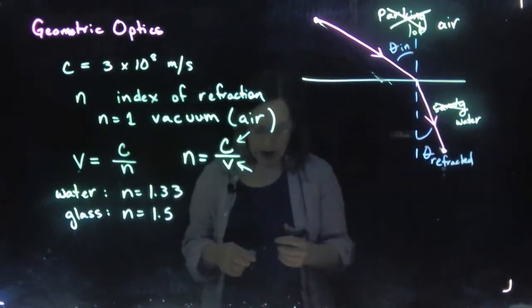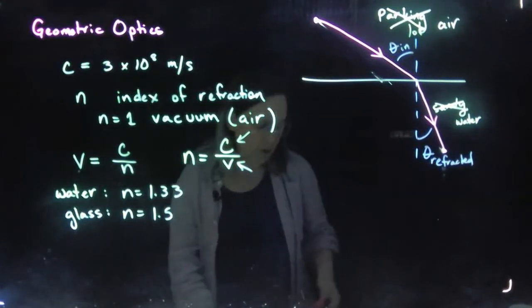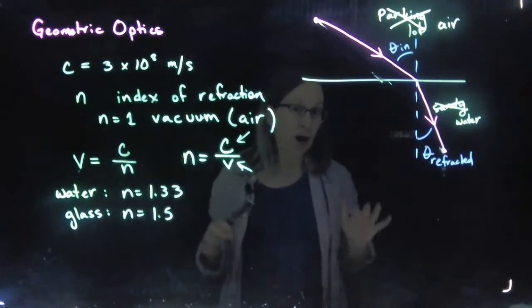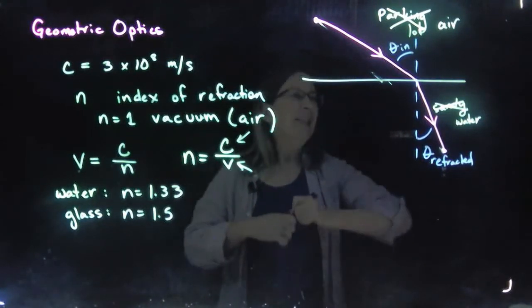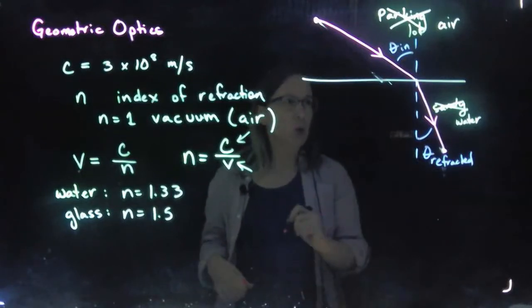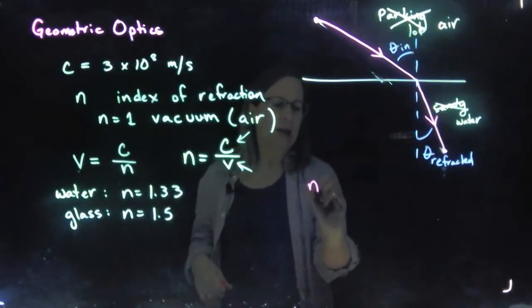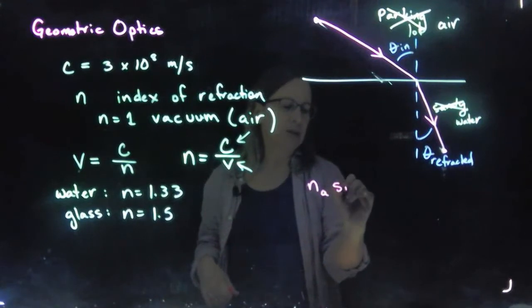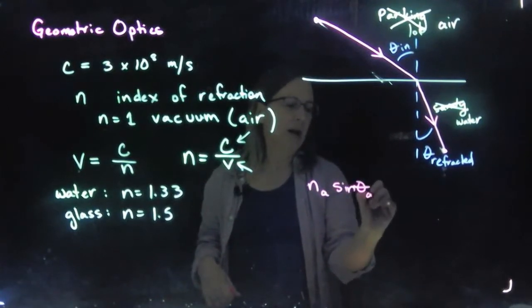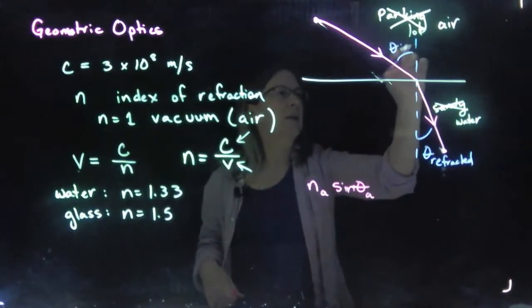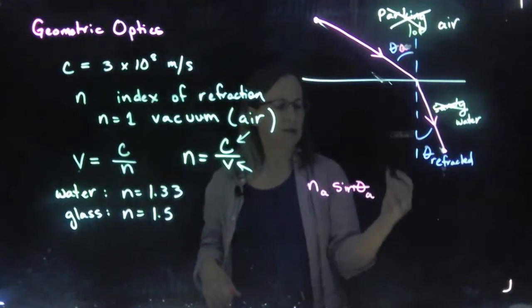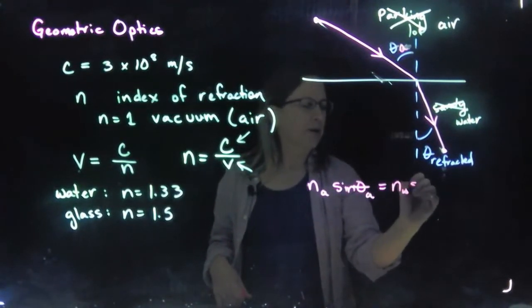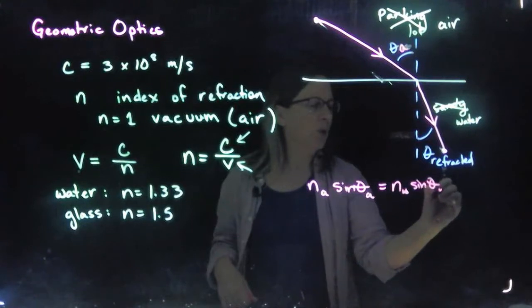Then we can say there's a rule that we can derive with Maxwell's equations, but we're not going to, that tells us the relationship between these angles, and it says N of the upper material, we'll say air, times sine of theta A, so I'm going to call this theta A because I think it's easier just to associate the theta with the material, is equal to N of water times sine theta water.